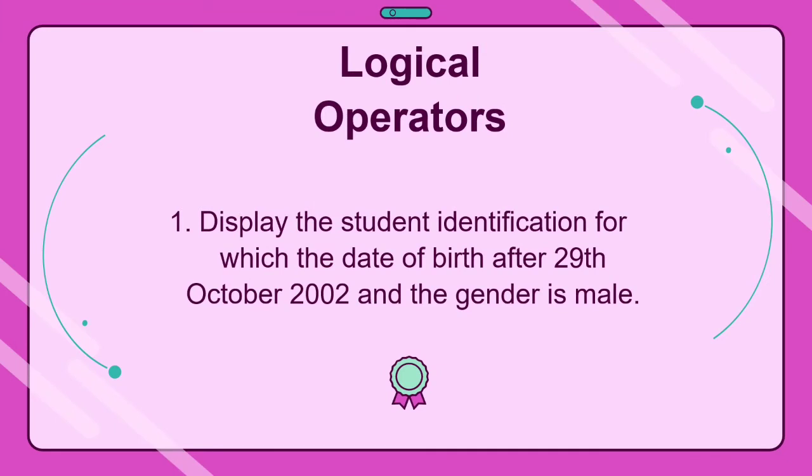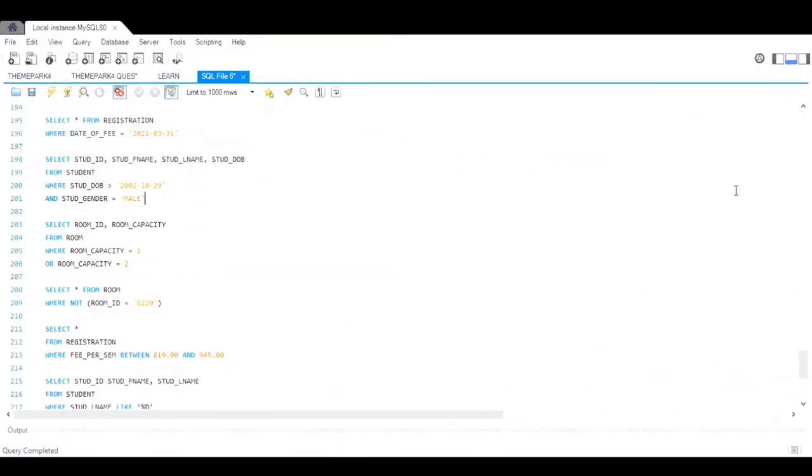Logical operator. Question 1. Display the student identification for which the date of birth is after 29 October 2002 and the gender is male. Okay, we need to display student ID for which the date of birth is after 29 October 2002 and the gender is male. So we select student ID, student first name, student last name, and student date of birth from, of course, the student table.